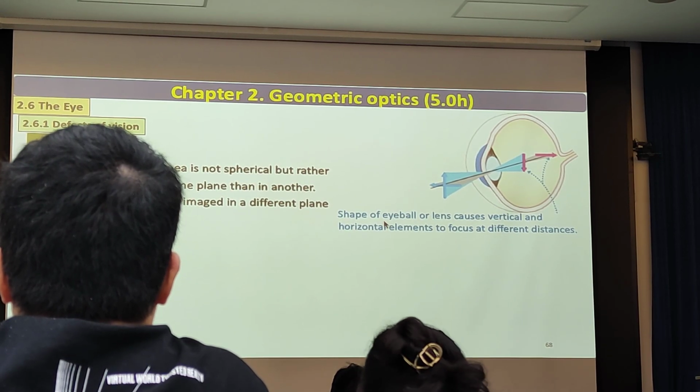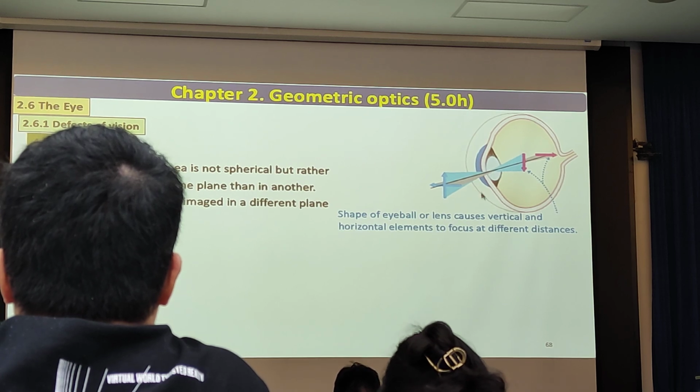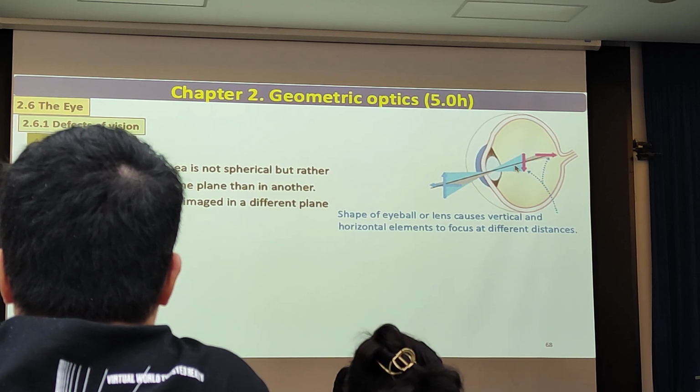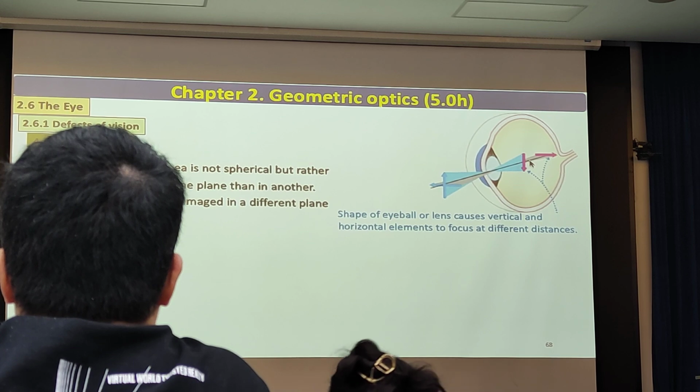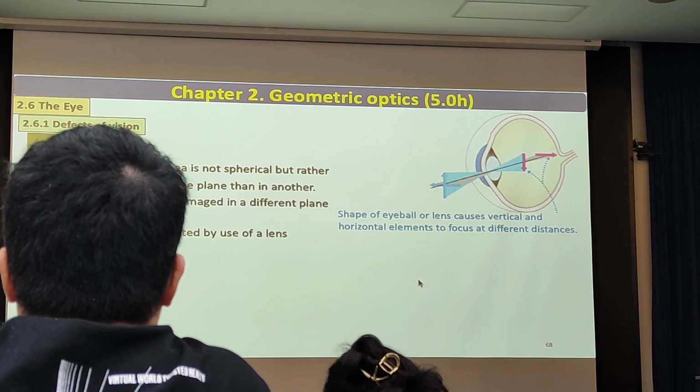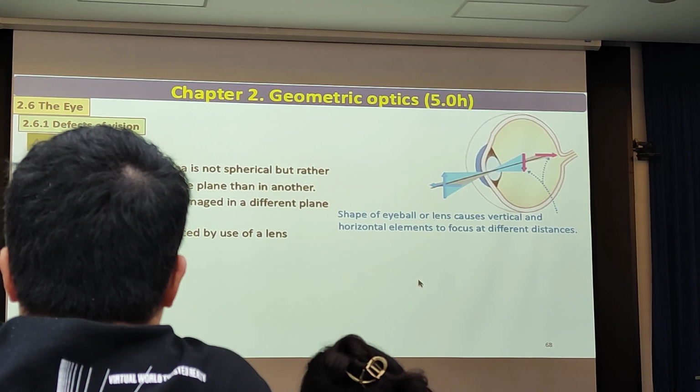Yes, this one. So the shape of the eyeball or lens causes vertical and horizontal ones to focus on different positions of the patient, so that we can see the change of the shape of the object.